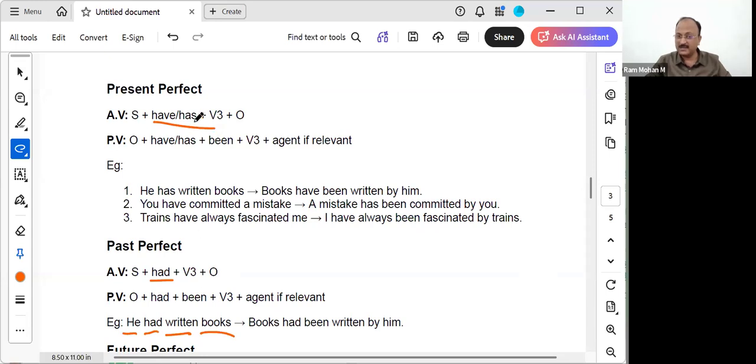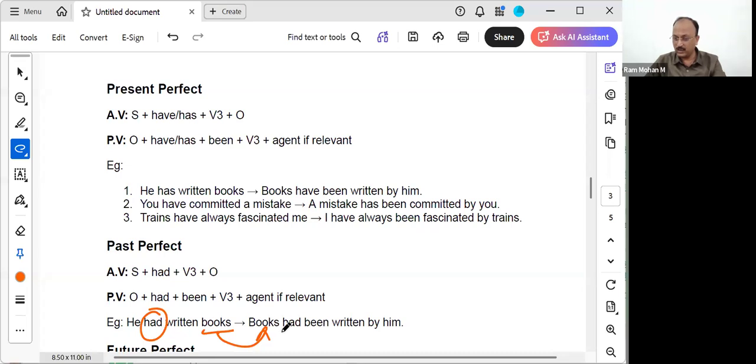See, I said for has, have, or had, whenever these three forms of the verb come, the verb will always take the third form of the verb. That is written, eaten, bitten, committed, fascinated. The third form of the verb only we'll use. That is the past participle form. Okay. What will happen? The object here was books, that has become the subject. Books.